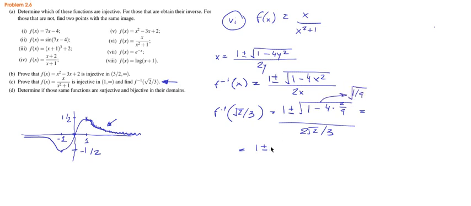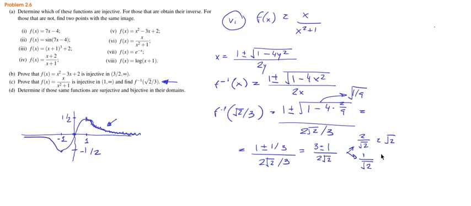The square root of that is 1/3, and then you have 2 over the square root of 2 over 3. You multiply by 3 both numerator and denominator, and you have 3 plus minus 1 over 2 square root of 2. So you have two possible values: 4 over 2 square root of 2, which is the square root of 2, and 2 over 2 square root of 2, which is 1 over the square root of 2.